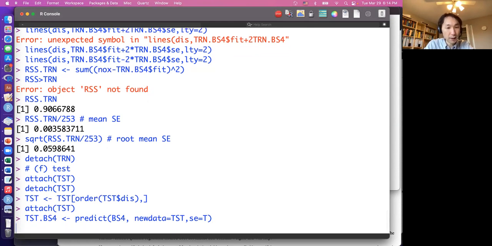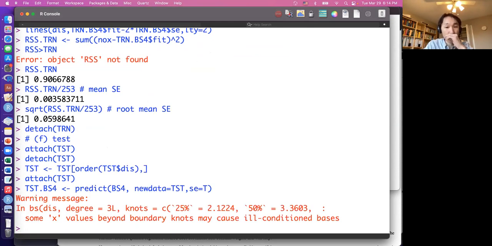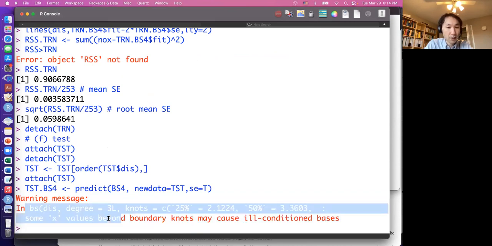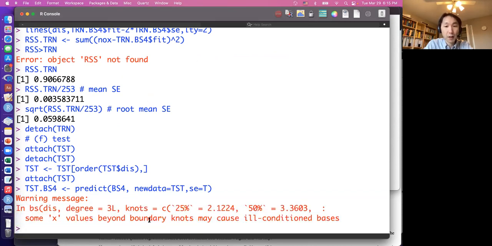Okay, so now for the TST, we calculate the fitted value. It returns a warning message. A warning message isn't an error, so basically it's fine, but you have to be careful about the interpretation of the result. In BS, some X values beyond the boundary knots may cause an ill-conditioned basis.